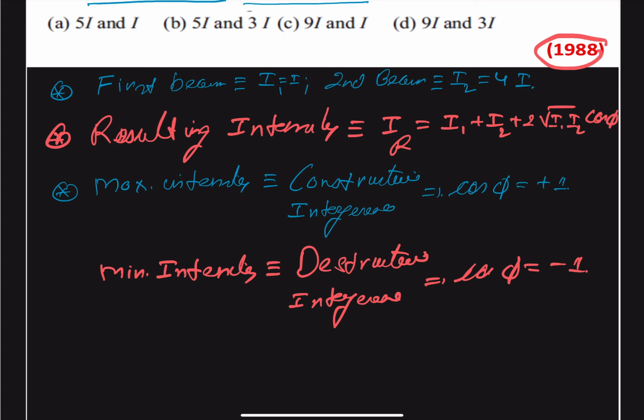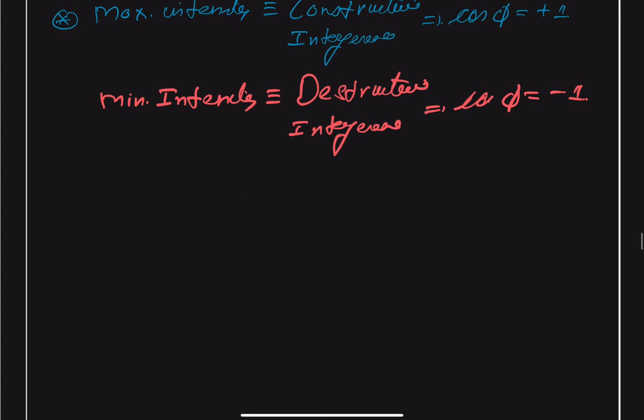So let us find out our maximum intensity. That is, I max will be equal to I1 plus I2 plus twice root I1 I2 cos of phi, which in this case is equal to 1.